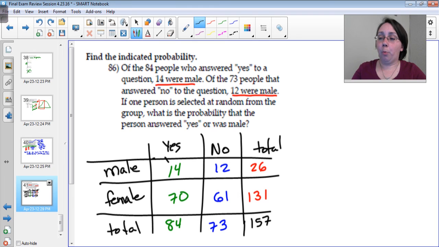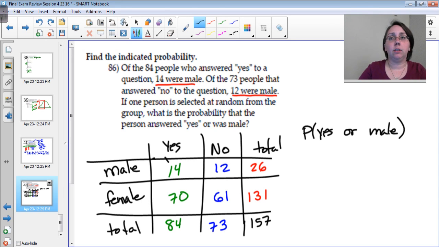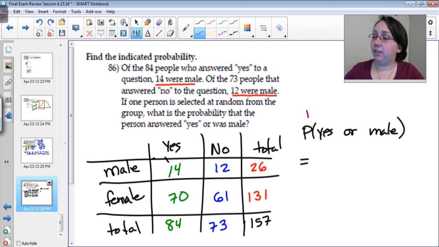Now, probability of yes or male. How do you find an or probability? Do you add the probability of A and add the probability of B and you subtract the probability of A and B? Good. These are not mutually exclusive, which is what we had earlier.